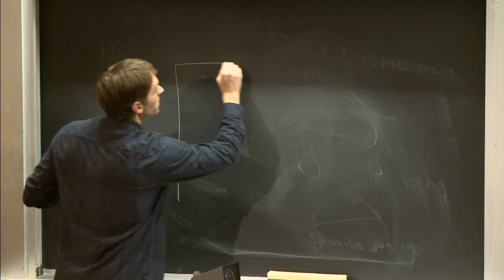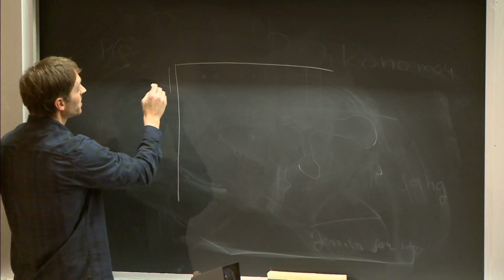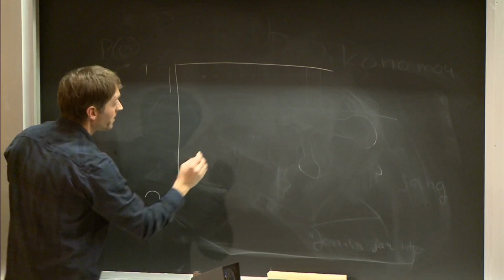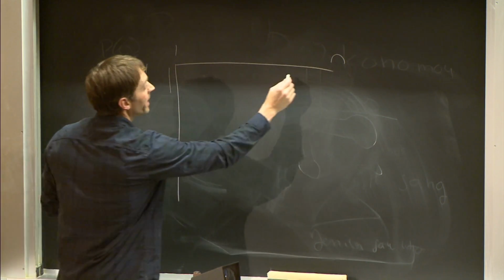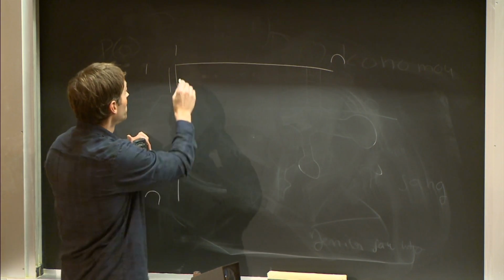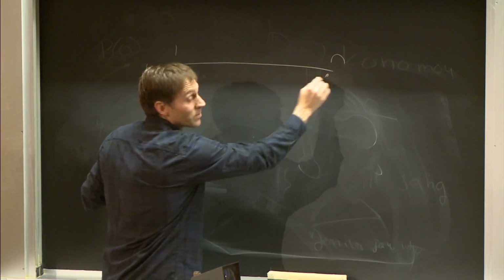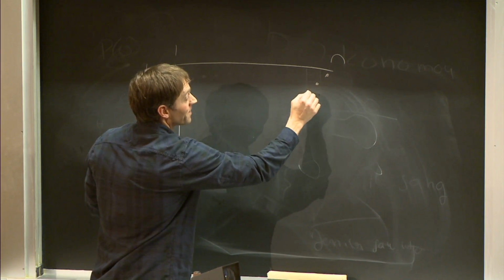OK, so here's the beginning. We're going to write the sequence from 1 to n in both dimensions. And so here's the beginning, and it covaries with the end, right? So the first would have a covariation with the last, and then the second would covary with the second to last, and so forth.